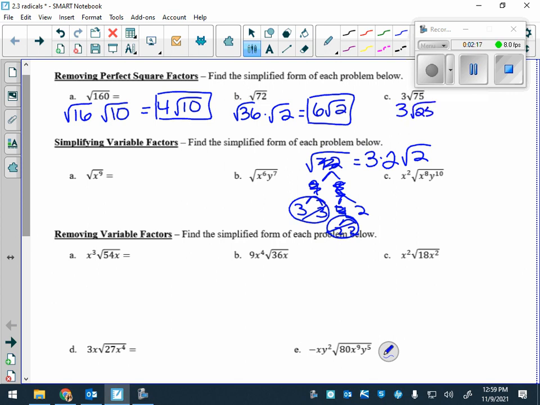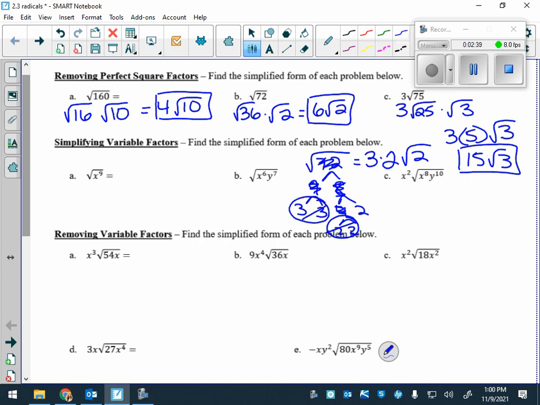Good. 3 times the square root of 25 is 5 root 3, and then you multiply, 15 root 3. So whatever's on the outside, whatever pairs you take out, you multiply. Whatever's left inside, you multiply.